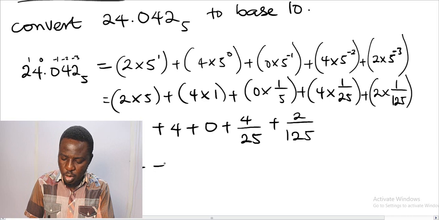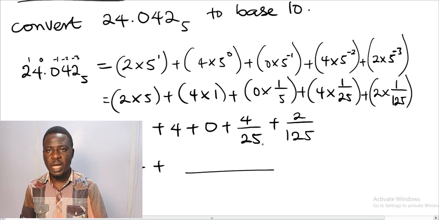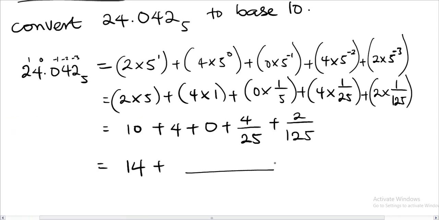14 plus, you find the LCM of 25 and 125, and the LCM of 25 and 125 is 125 because 125 is a multiple of 25. So 125 divided by 25 is 5. 5 times 4 gives you 20, plus 125 into 125 is 1, and 1 times 2 is 2.